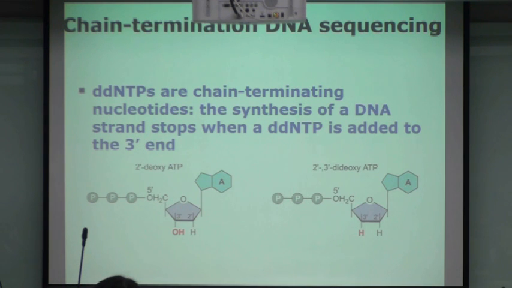As I mentioned, to make polymerase function properly, you need a template, a source of nucleotide, and a 3' OH, right? In the reaction, what it does is it provides a mixture of the dideoxy and the deoxy ATP into each lane.